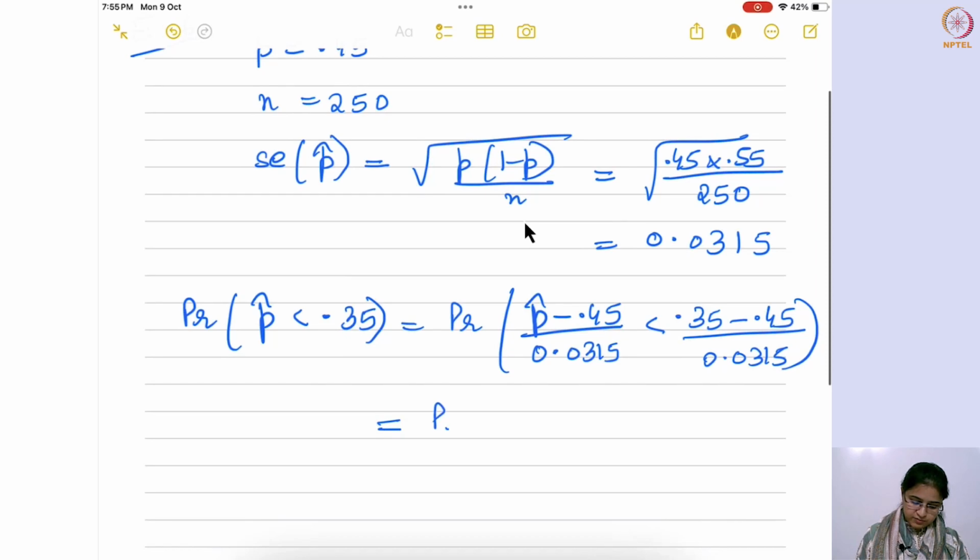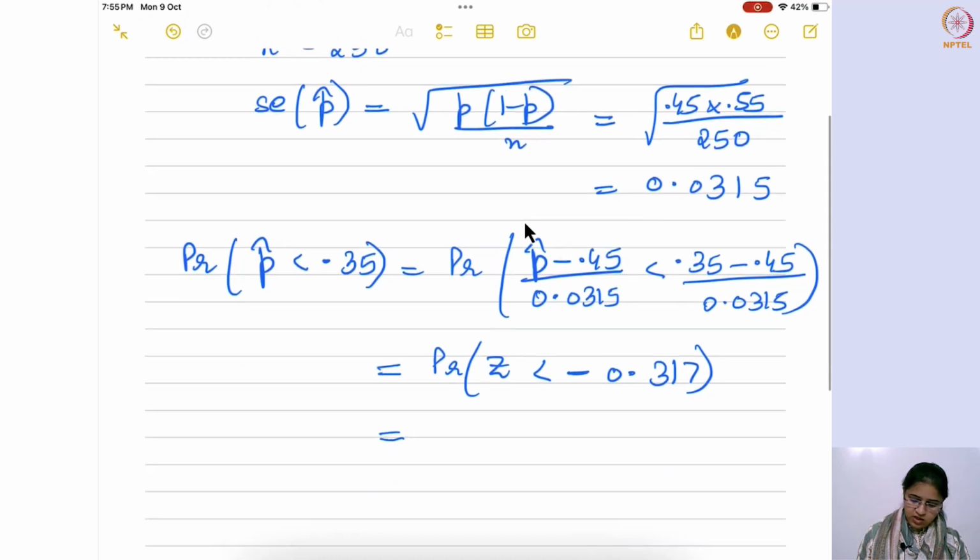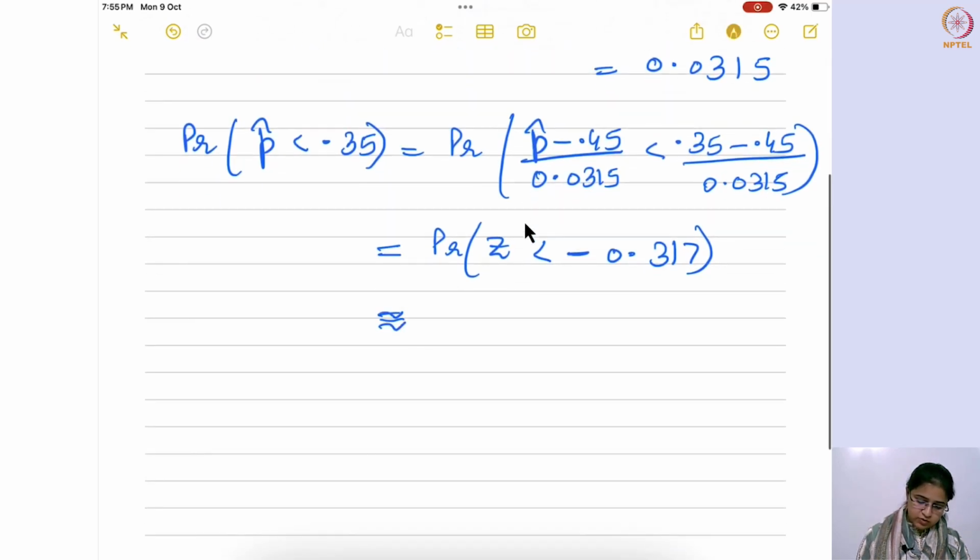So this side becomes your standard normal variate, and this one would be minus, and it would be 0.317. You can check these values, and when you look at the standard normal table, this comes out approximately 0.3756.